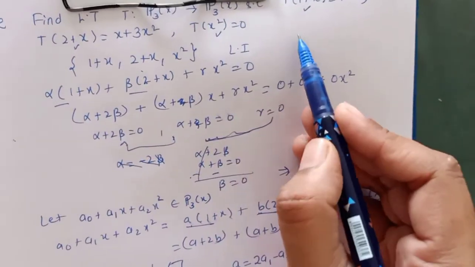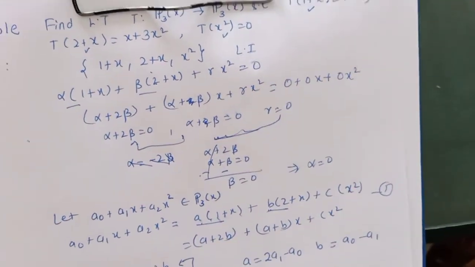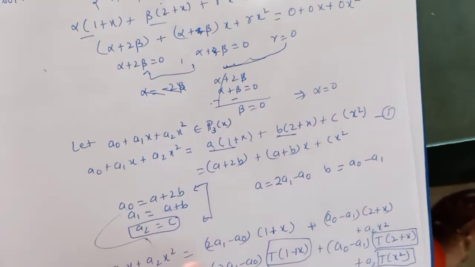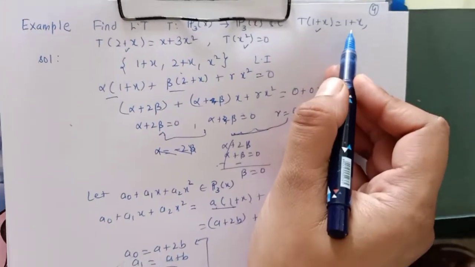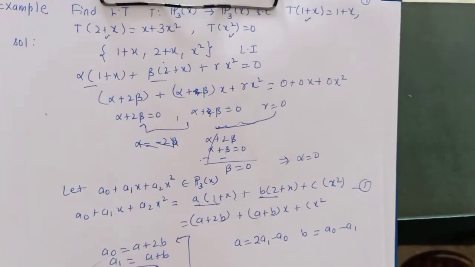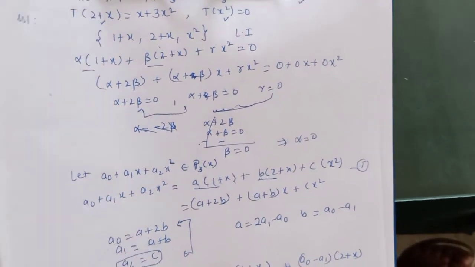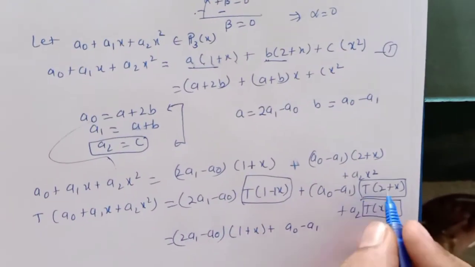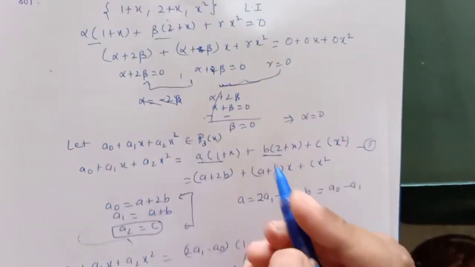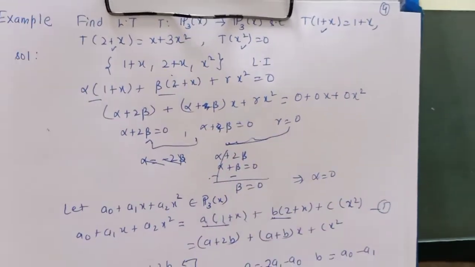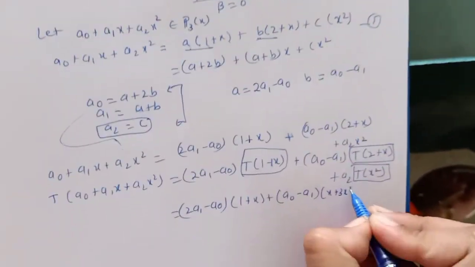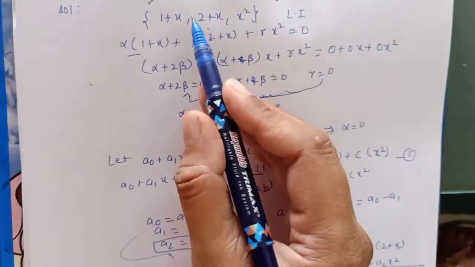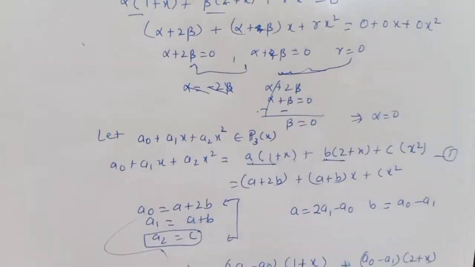The value of T of 1 plus x is, this was plus, not minus, T of 1 plus x is given as 1 plus x, so put it there. And the value of T of 2 plus x in the statement is given as x plus 3x square, and the value of T of x square is given as 0.